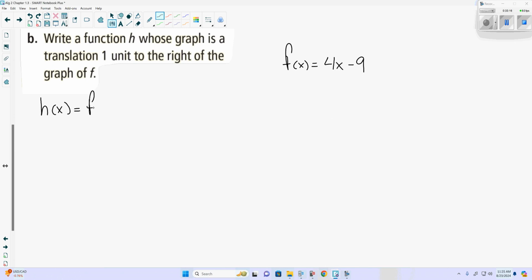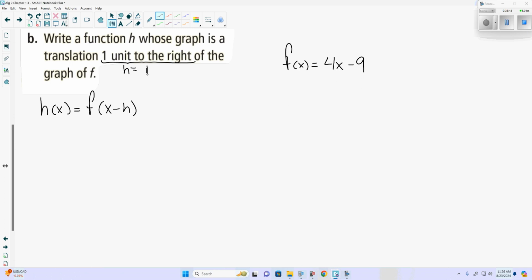So our general form of this horizontal translation is f of x minus h. Right, so we need to find our h value. It helps to write the h value, the value of this movement, 1 unit to the right, which would be plus 1.